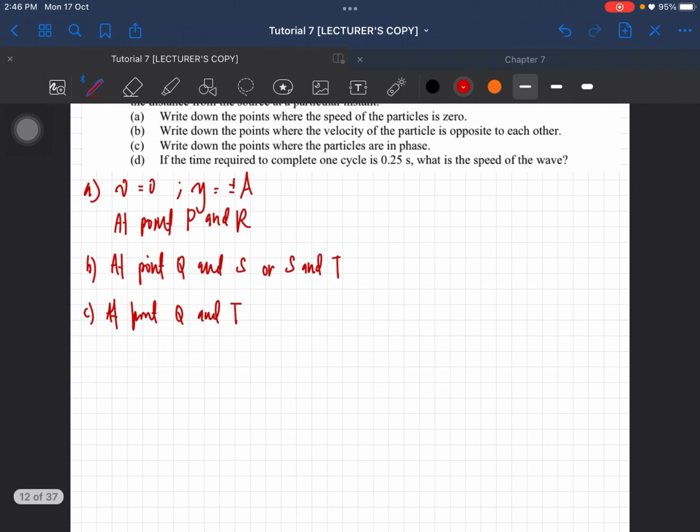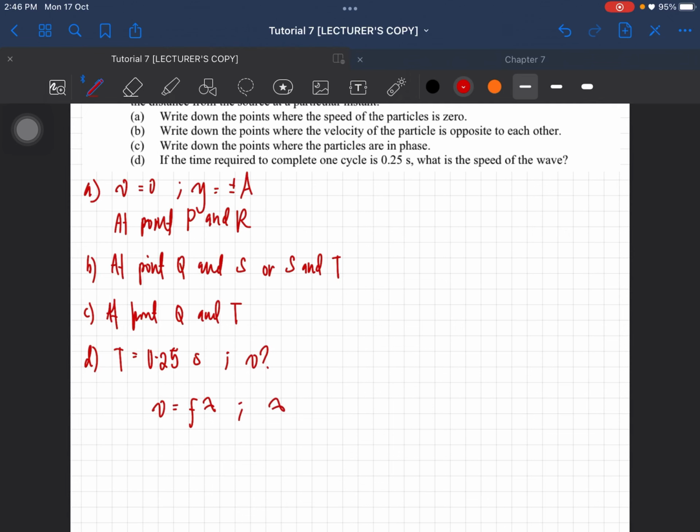Okay, all right, finally we have to calculate the speed of the wave. What is the speed of the wave if the time required to complete one cycle is 0.25 seconds? So the period is given as 0.25 seconds, so we have to calculate v. We know that the formula of v is f lambda.